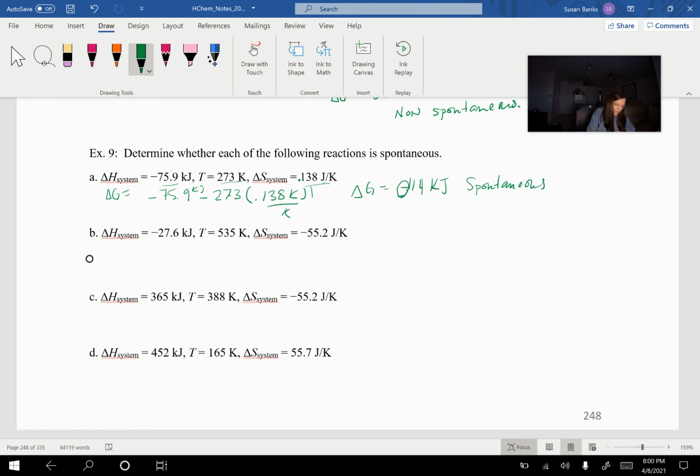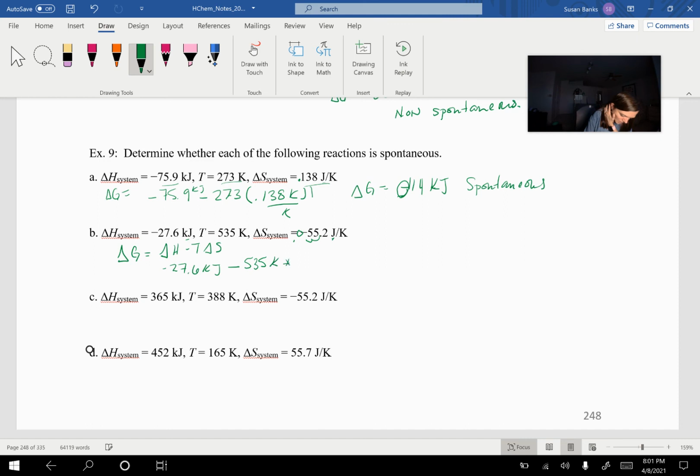Okay? And if we do this one, delta G is equal to delta H minus T delta S. Notice our delta S, once again, is in joules, and this is in kilojoules. So we're going to move our decimal place 3 places over. So we have negative 27.6 kilojoules for our delta H. Our temperature is in Kelvin, so we're good. 535 Kelvin.